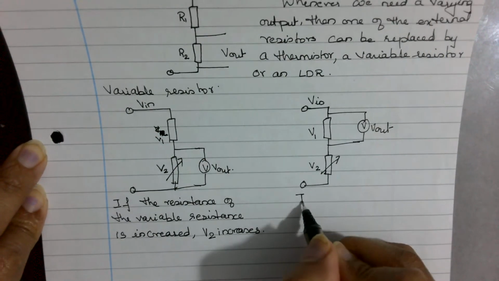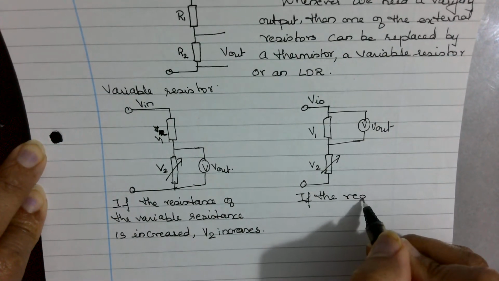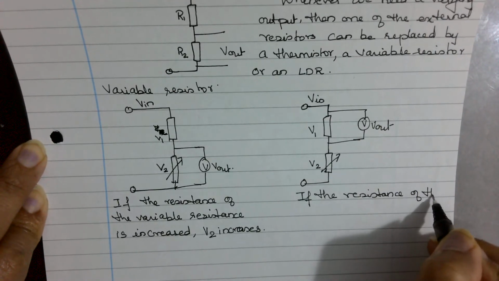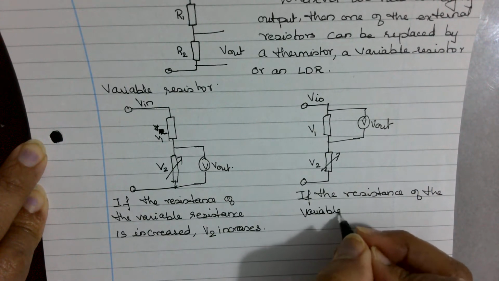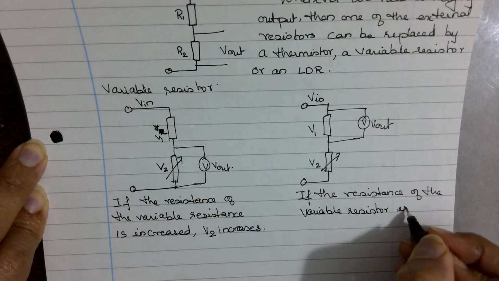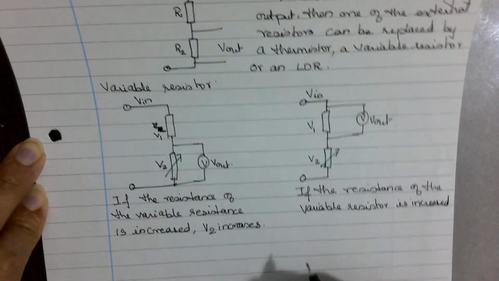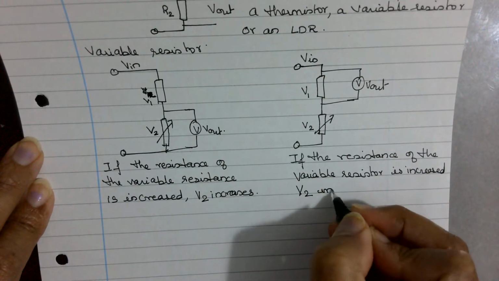Now, as we have written here, if the resistance of the variable resistor is increased, what will happen? As we said before, V2 increases.